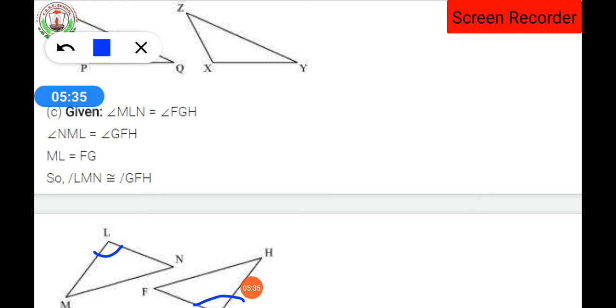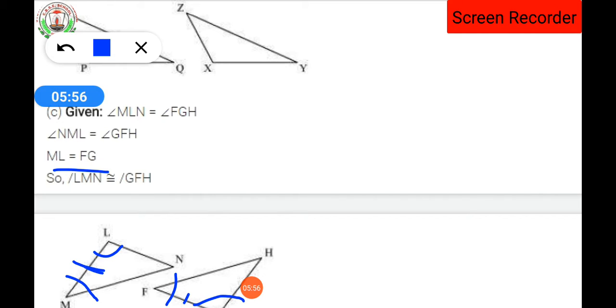Then the second one, angle NML: this angle M will be equal to angle F. So here if these are the two angles, that means this side will be included. So LM will be equal to FG, isn't it?